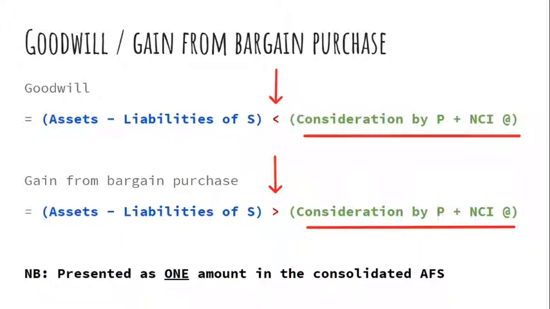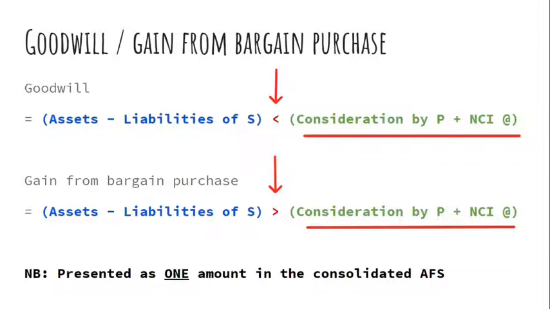Please note that goodwill or gain from bargain purchase is presented as one amount in the consolidated financial statements. It is the total goodwill or the total gain from bargain purchase.